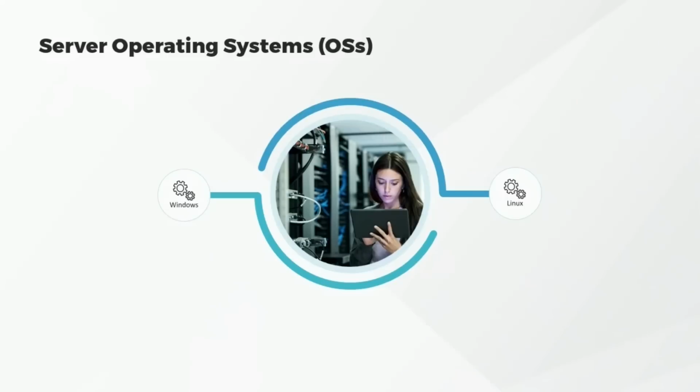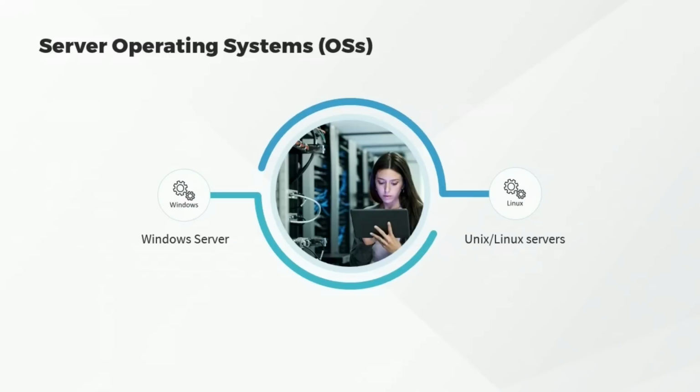Among the more commonly implemented server-based operating systems are Windows servers, which at the time of this recording is at version 22 for the year of 2022, and Unix and its variants known as Linux. Windows is a proprietary operating system of Microsoft, as is Unix, but there are different proprietary implementations, such as IBM's AIX or Oracle's Solaris.